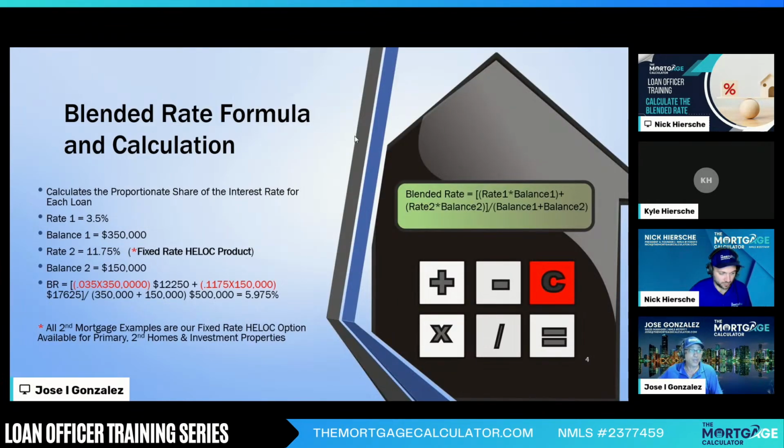And here's where we get to the defining moment: the formula for calculating the blended rate. Now, mind you, yes, there are many blended rate online calculators. I'll share one with you at the end of the presentation.